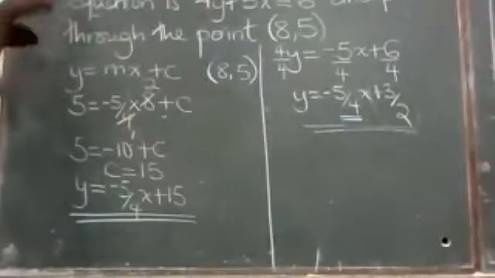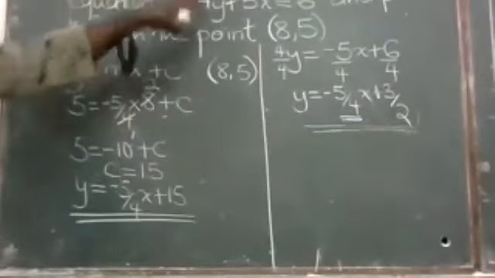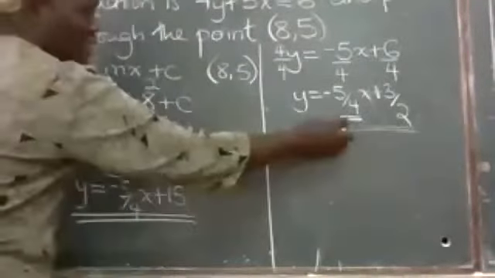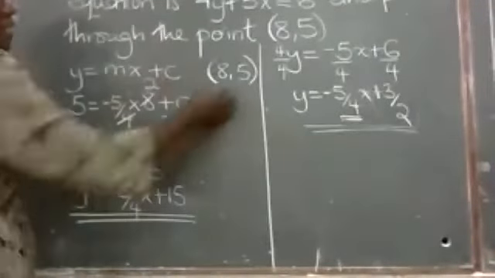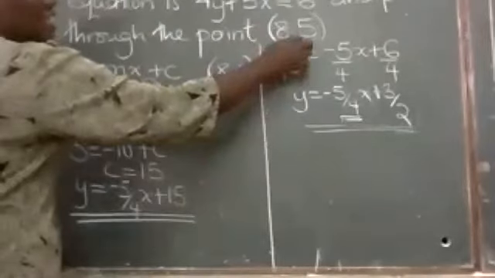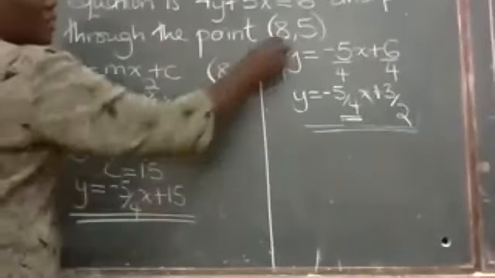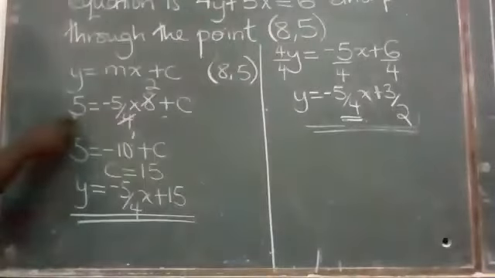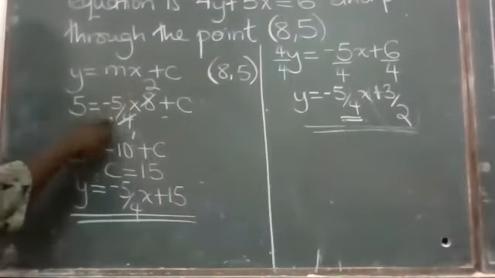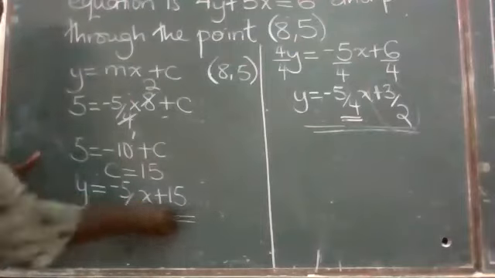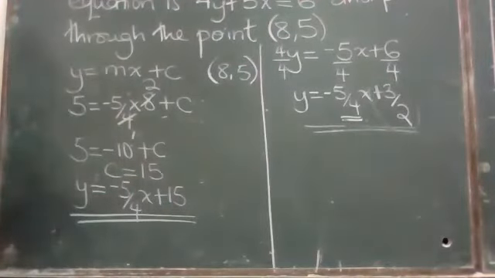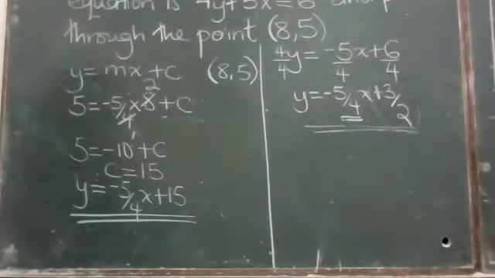Since we are told the lines are parallel, the line we are looking for also has that same gradient. So we use y is mx plus c. The line we are finding passes through the point (8, 5). So when y is 5, substitute for m and for x to find c. Then after that, you can write the equation of that line.